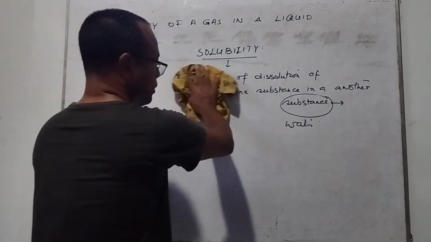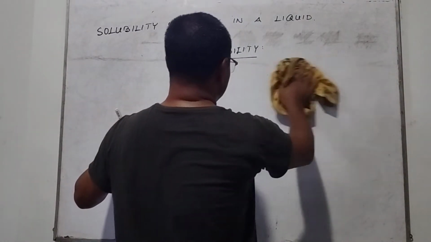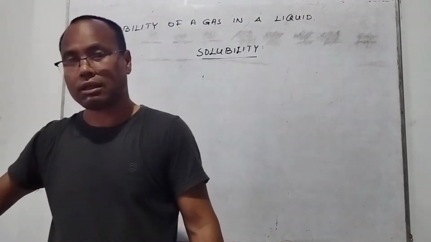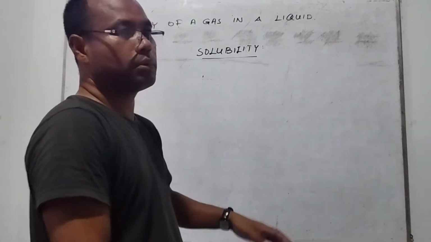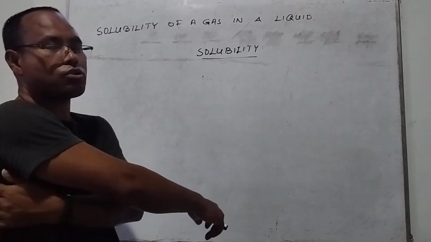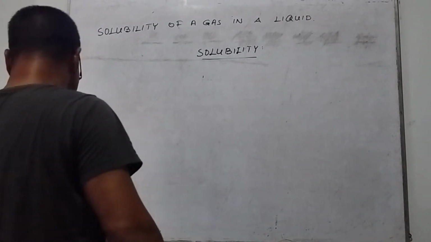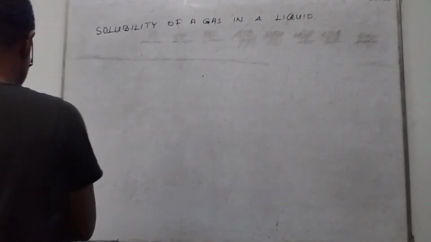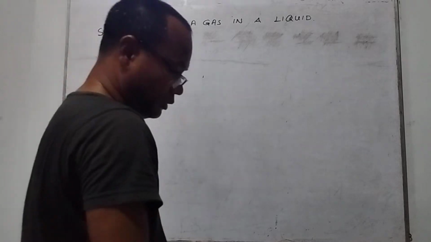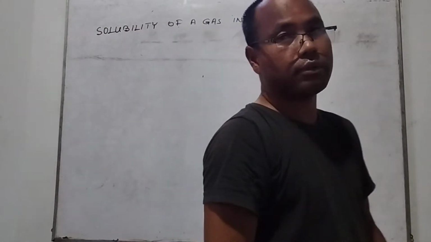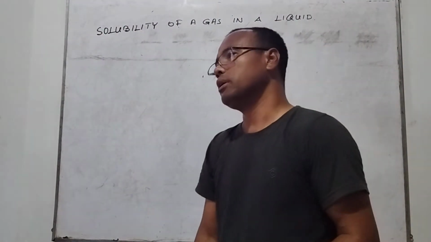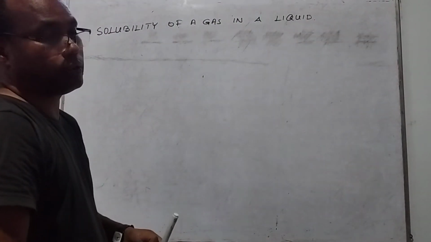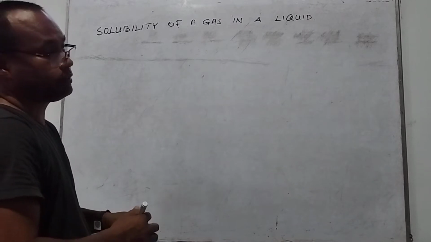As we know, in solutions we have two different components. One is the smaller proportion, which we consider the solute, and the other is the larger proportion, which we consider the solvent. Now, solubility of a gas in a liquid: we have different factors affecting it.